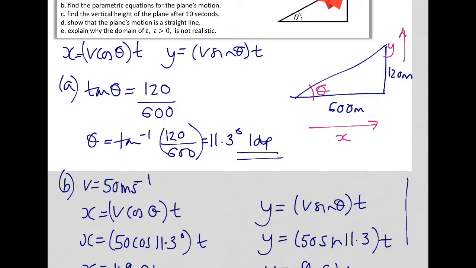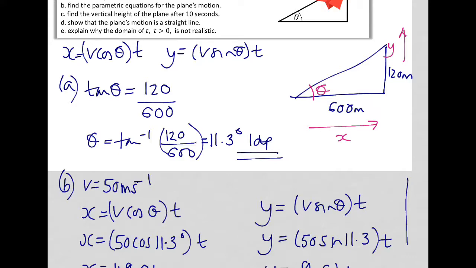So really, is that not asking me to find the Cartesian equation? Because all the equations I know were straight lines. They were that y equals mx plus c thing. There was no t in there. But again, they haven't said find the Cartesian equation. They've said explain it's a straight line. But the best way to do that is having a Cartesian equation. So let's do that.